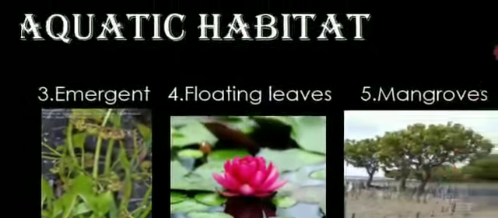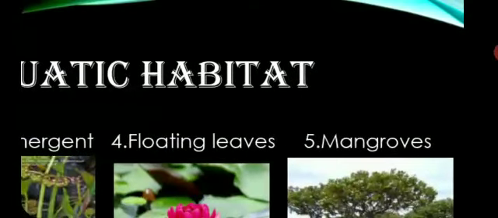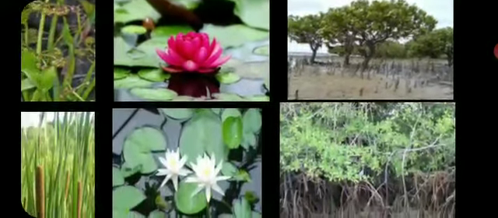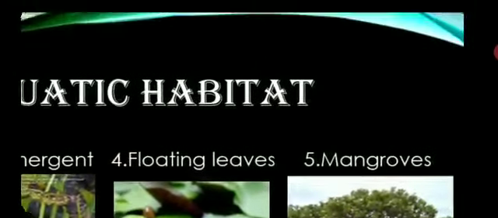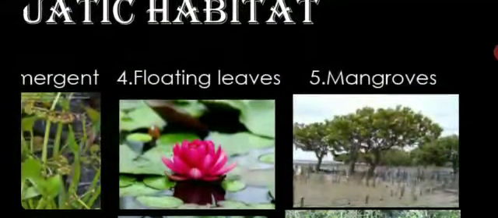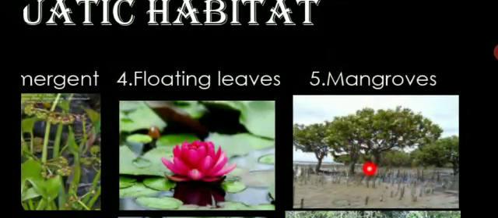The last category is called mangrove. The mangrove tree is nothing but swampy trees, where marshy soil is present. Here the soil as well as water is present in a particular saturation.